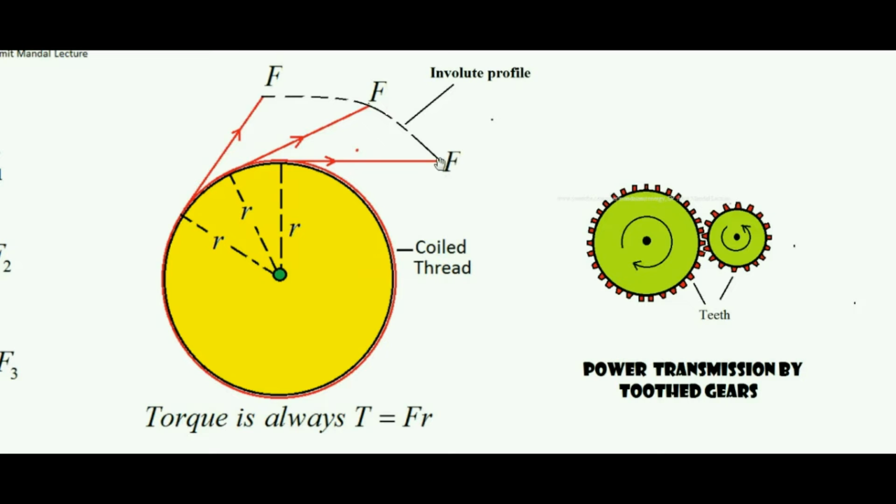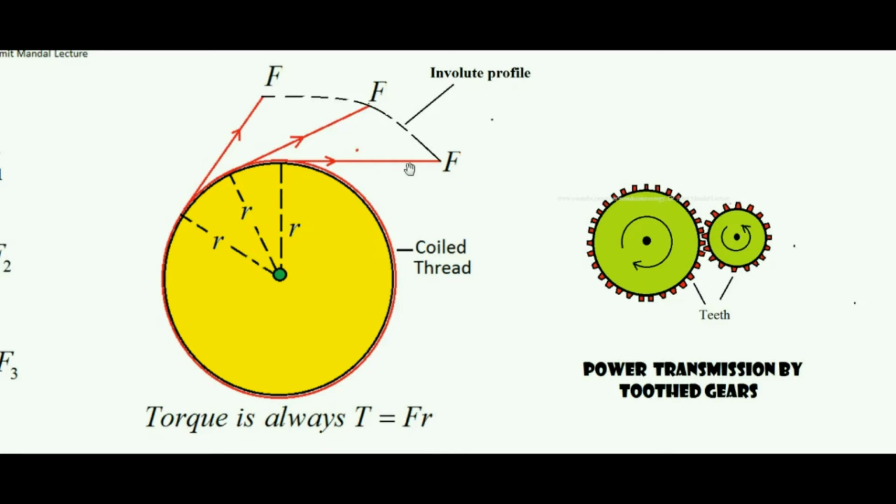The thread will automatically orient itself in a tangential direction on the circumference of the wheel, so the torque developed on the wheel will be F into R. If the thread is unwound to some level and the same force is applied, the thread will attain a tangential orientation at another point of the circle, and the torque will again be F into R. If it is unwound some more and the same force is applied, it will again orient tangentially at some point of the wheel, and F into R will be the developed torque.